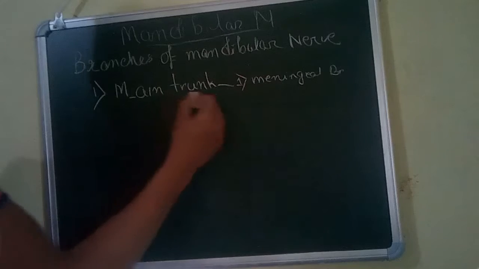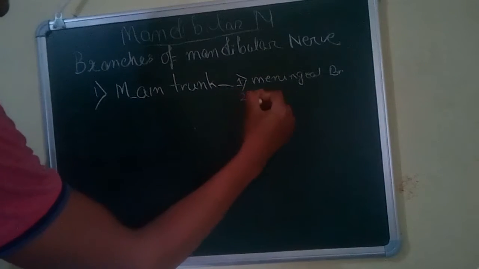Number 2 is the nerve to medial pterygoid.